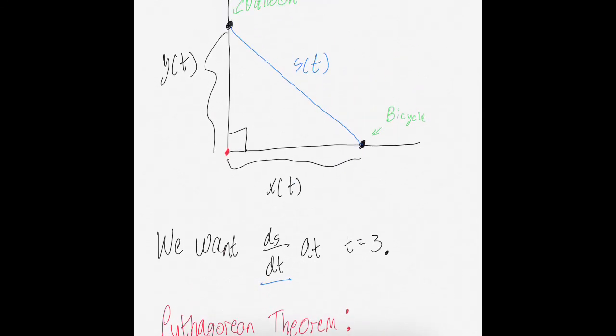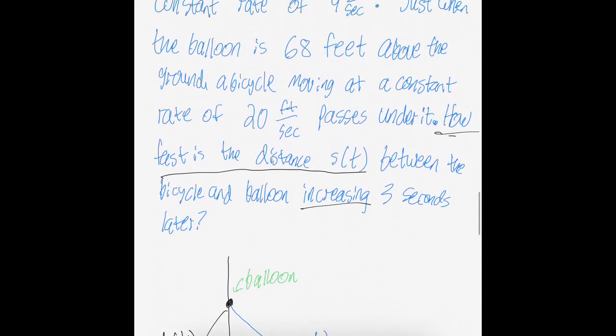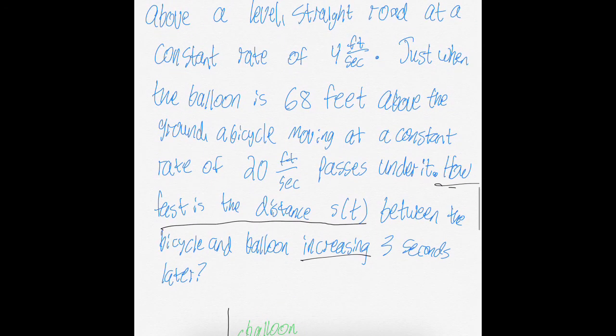Well, dx dt, that's going to be the change in x, right? So that's going to be how this bottom side is changing over time, that rate of change. And we can see that that's just going to be the speed of the biker. The rate of change of x, well, that's just asking how fast is the biker going.